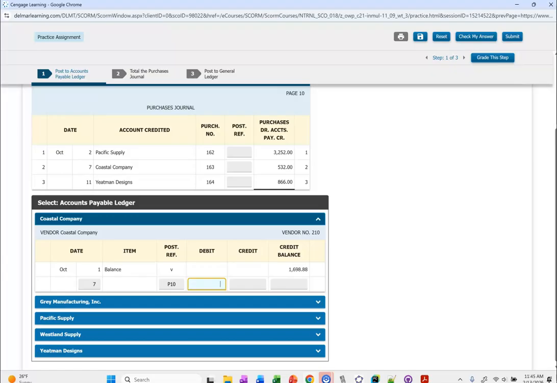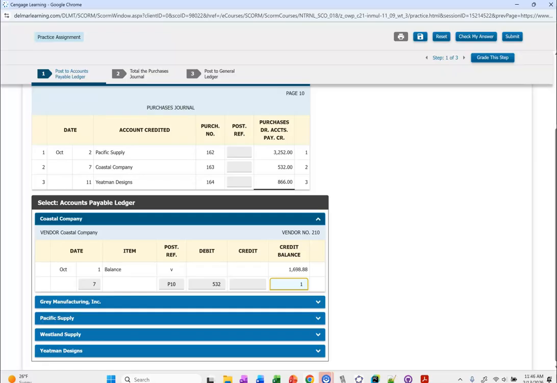So we debit here, these guys, 532. That means I'm going to reduce $532 from my credit that we owe them.